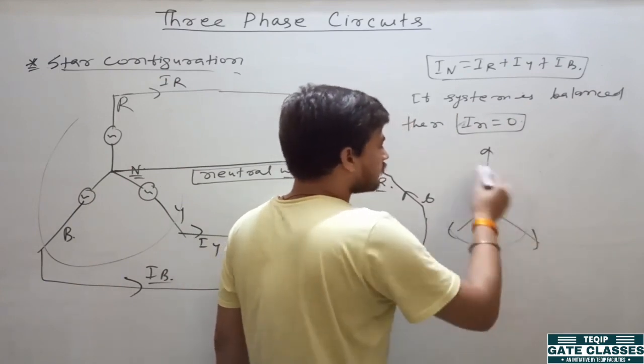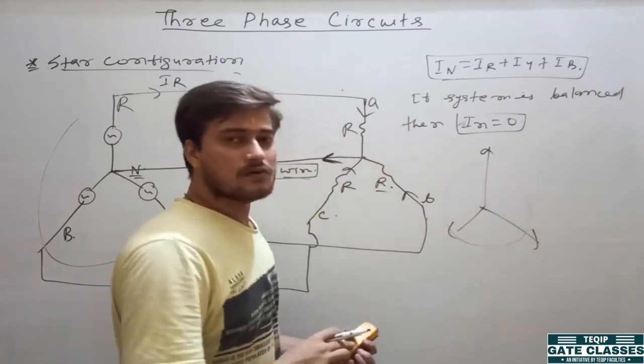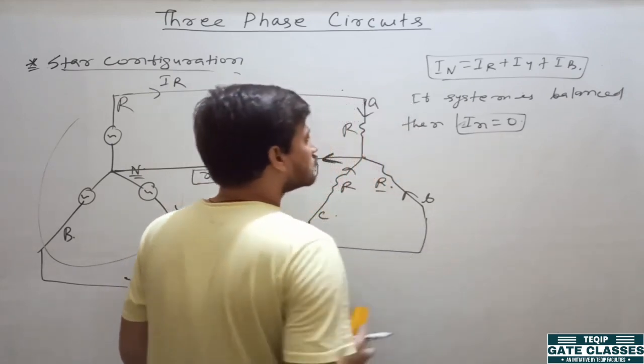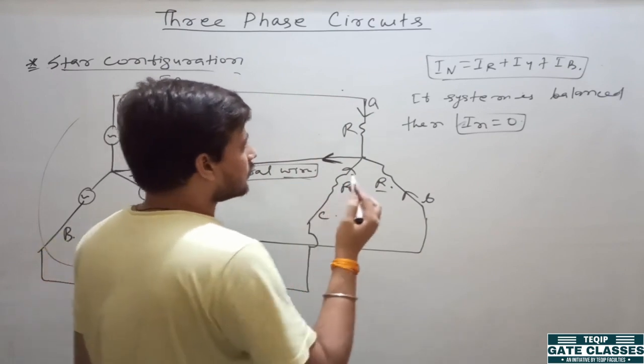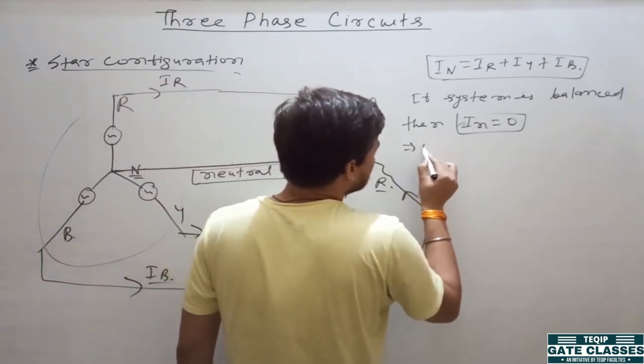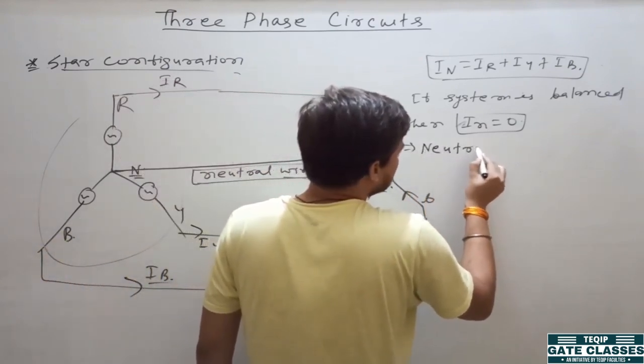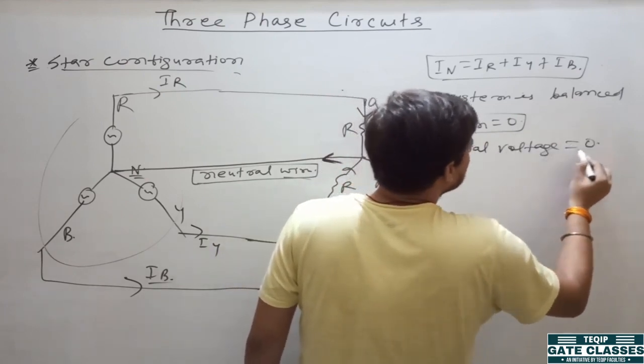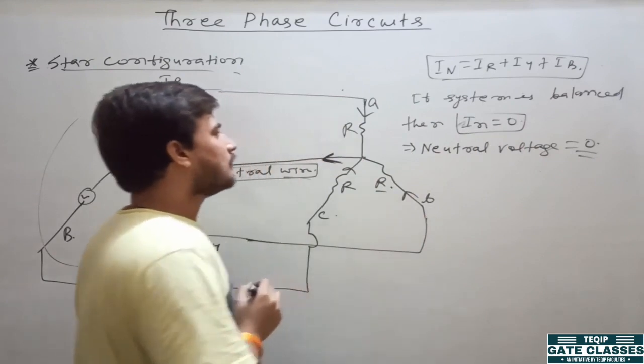If you sum all these three, it will be equal to 0. So neutral current will be 0. If neutral current is 0, then neutral voltage will also be equal to 0 if the system is balanced.